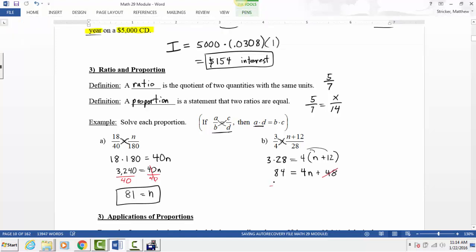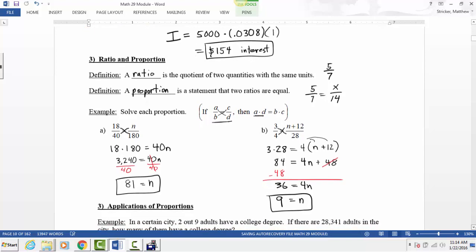And when I take 84 minus 48, what do I get? I get 36. All that's left over here is 4n. Divide by 4. 36 divided by 4 is 9. Okay. So we're almost done here.